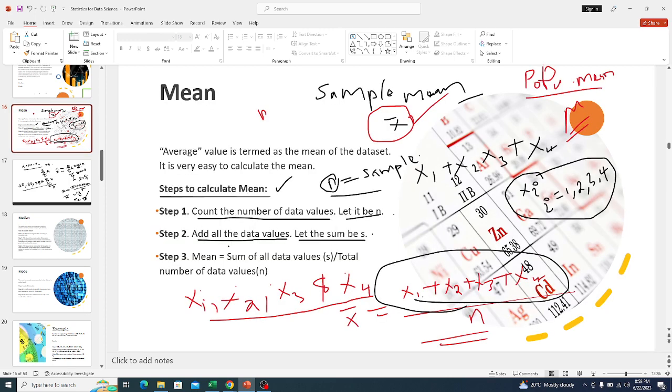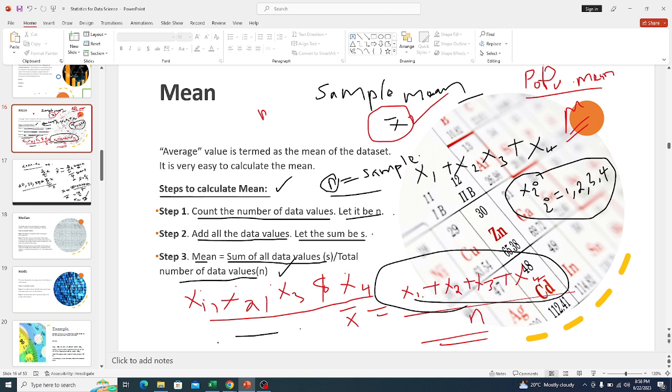Then the mean will be the sum of all data values divided by the total number of values. So basically, that's how we calculate the mean. This is just the manual way to calculate the mean.